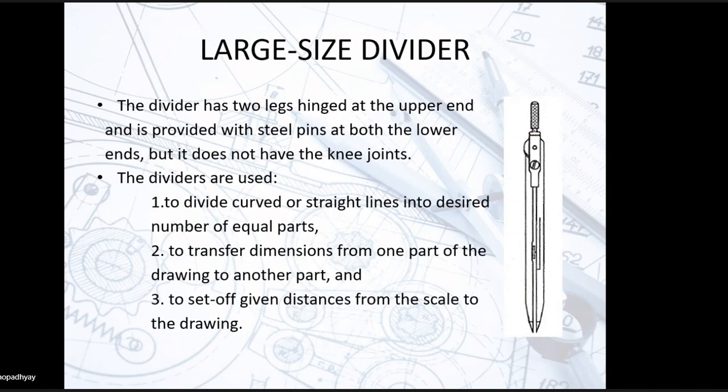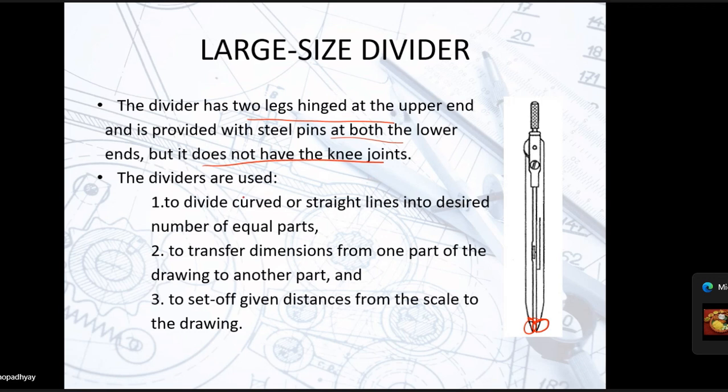Then you need a large size divider. It has two legs hinged at the upper end. Here you have the hinge, and it is provided with steel pins at both ends. So here is one pin, this one is another pin, but it does not have the knee joints like you have seen for a compass.